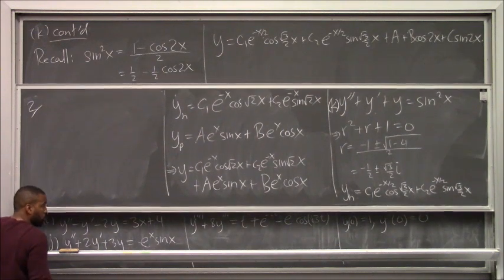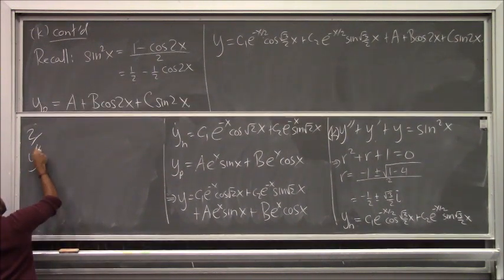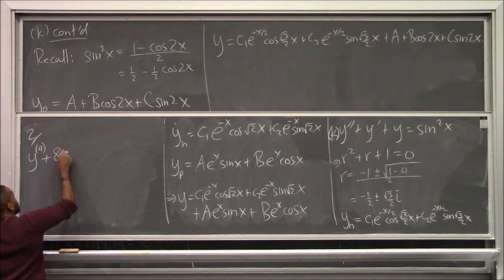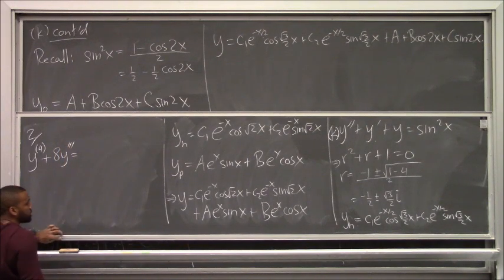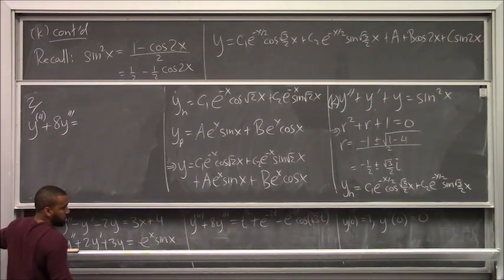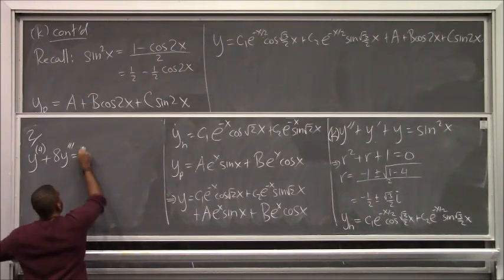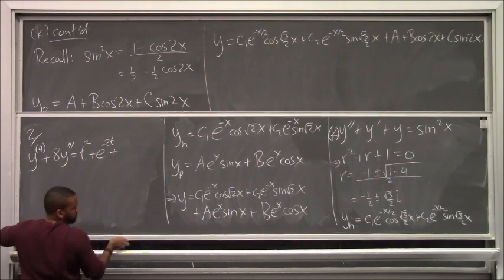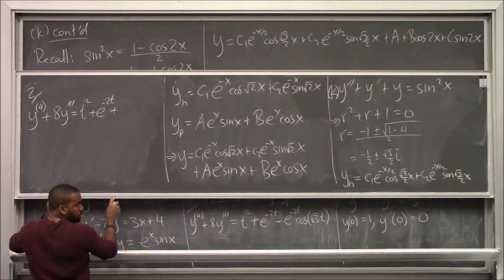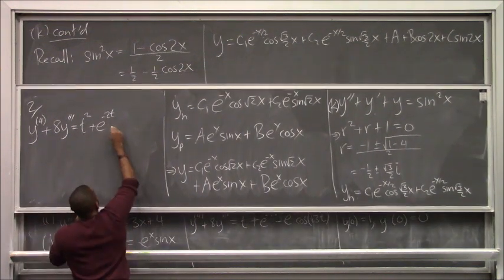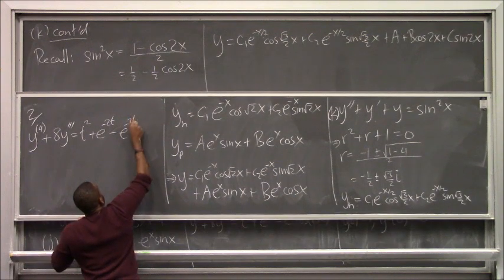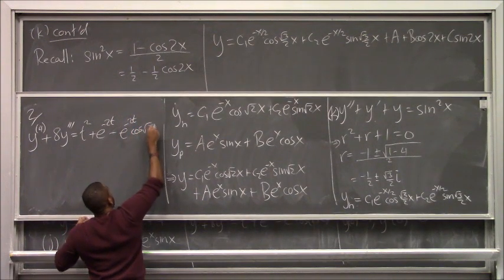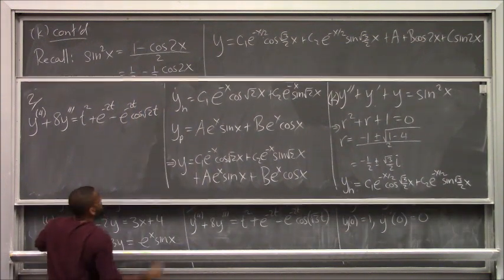So y to the fourth derivative, 8y to the third derivative, t squared e to the minus 2.